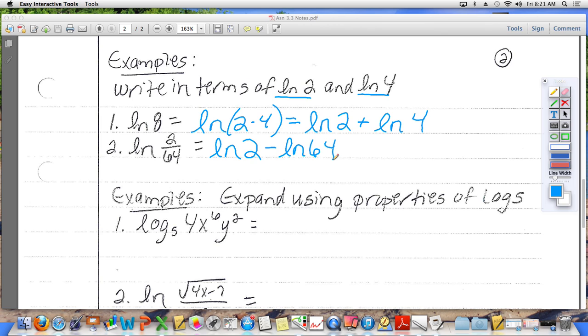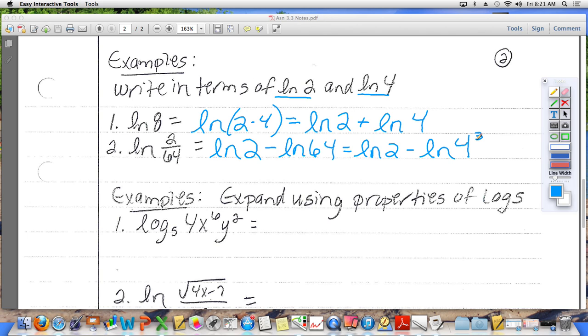I can write 64 as 4 to the 3rd power. So this is equivalent to the ln of 2 minus the ln of 64, which is also known as 4 to the 3rd power. 4 times 4 times 4 is 64.